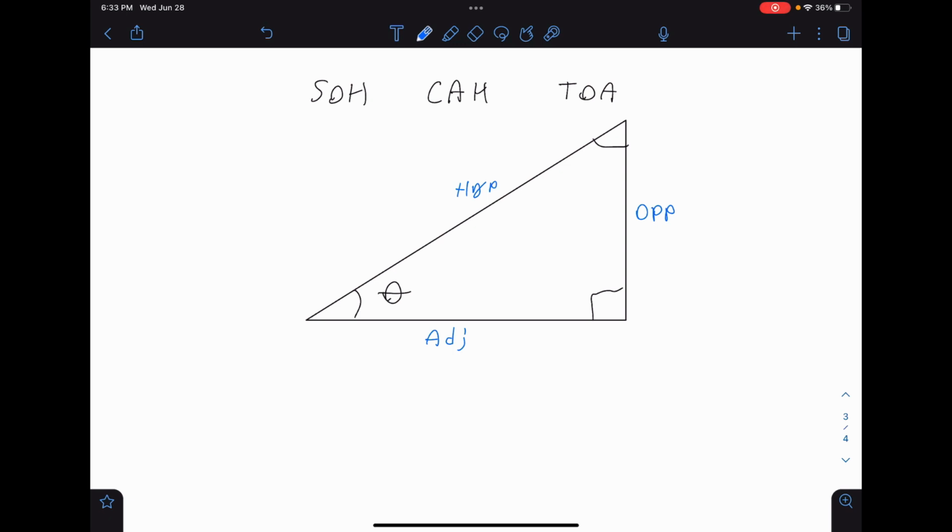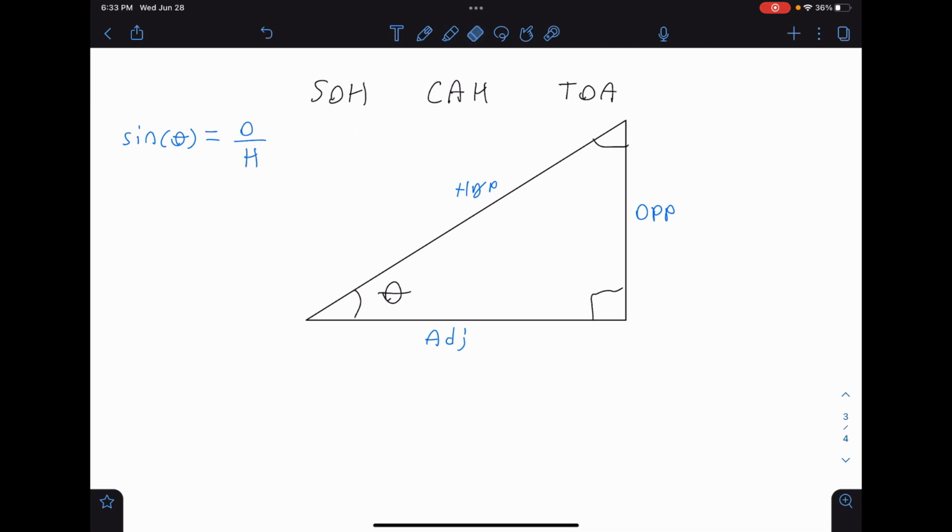Next, we need to know what SOH CAH TOA really means. We need to recall all three of the basic trig functions. So let's start with SOH, and the S in SOH refers to sine. And we say sine of theta is equal to opposite divided by hypotenuse.